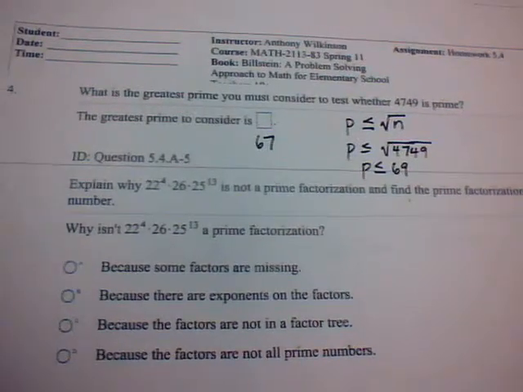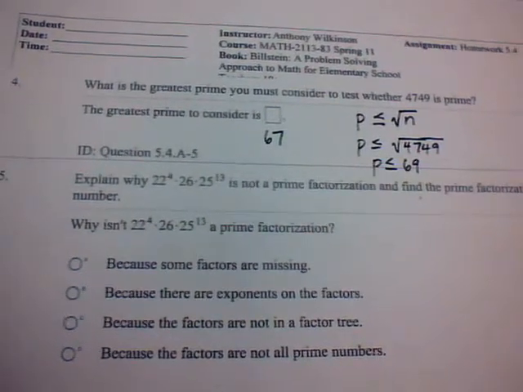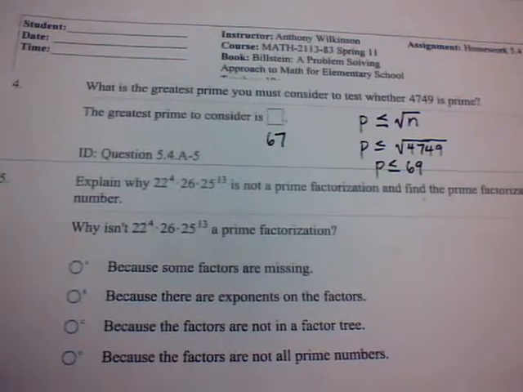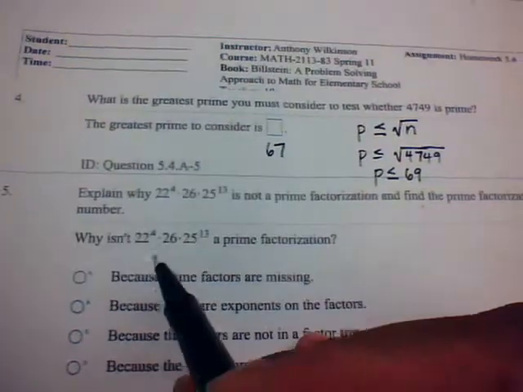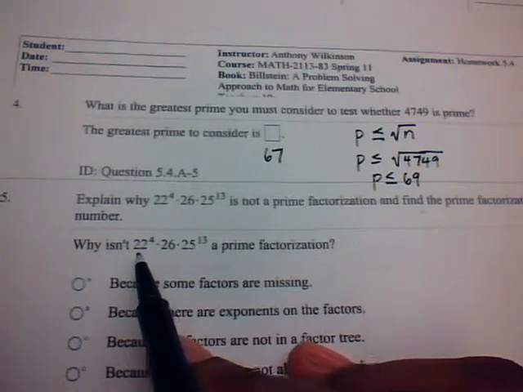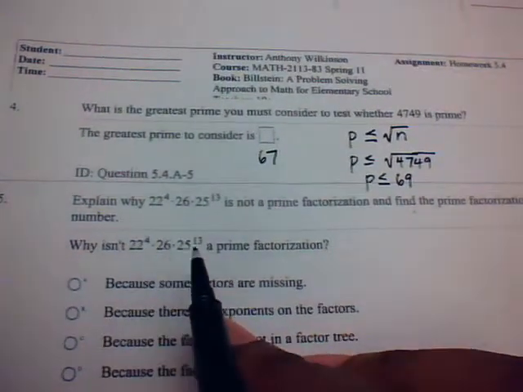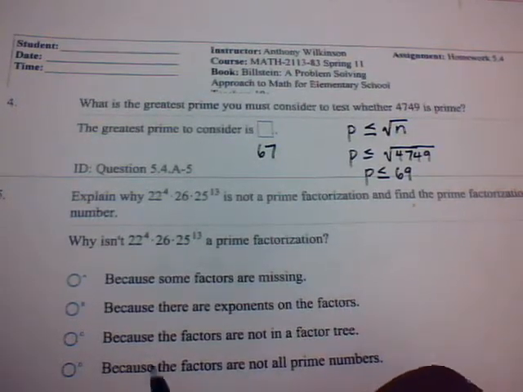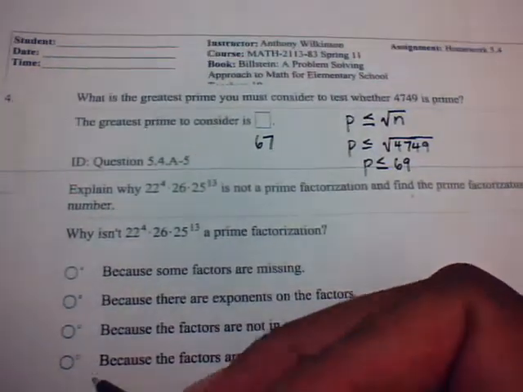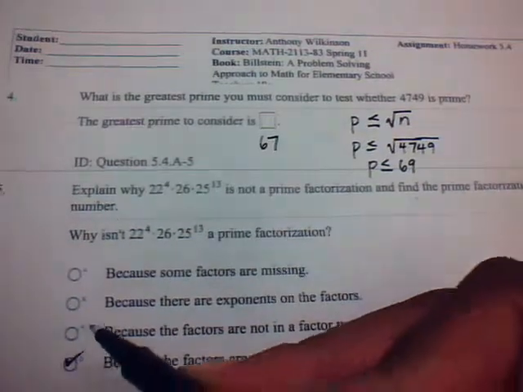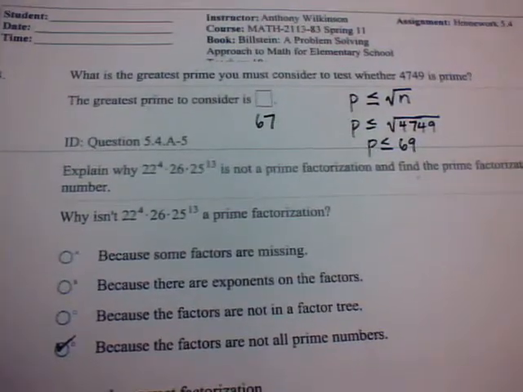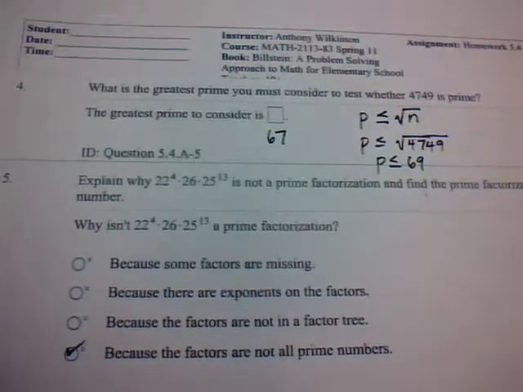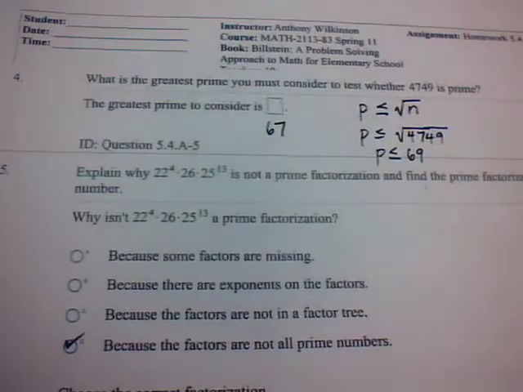Well, by definition, a prime factorization is nothing but a product of only prime numbers. And if you look at this, 22 is not prime, 26 is not prime, and 25 is not prime. So in this case, we have to say that the factors are not all prime numbers, which is answer D.